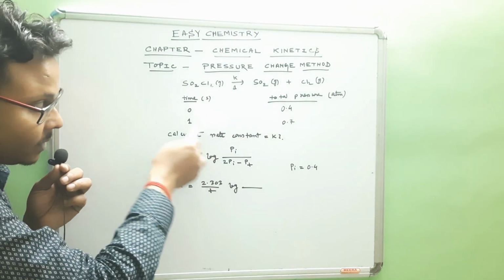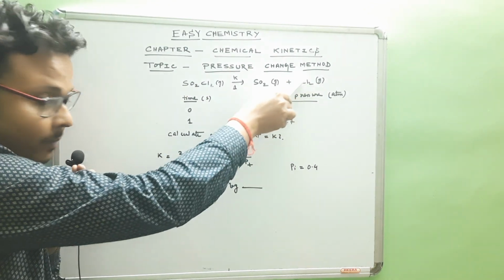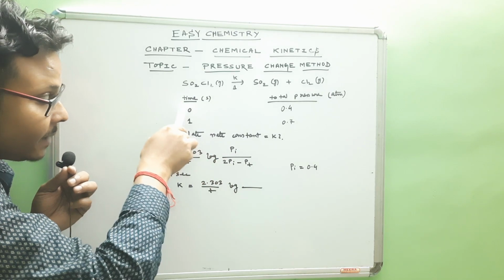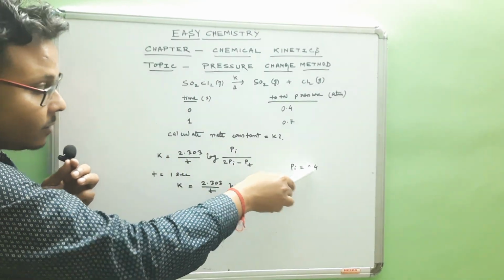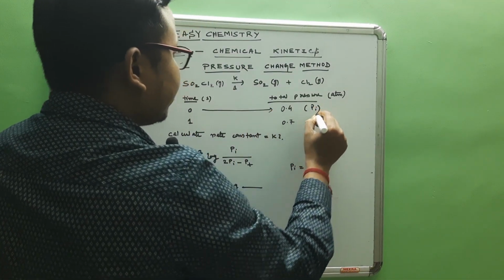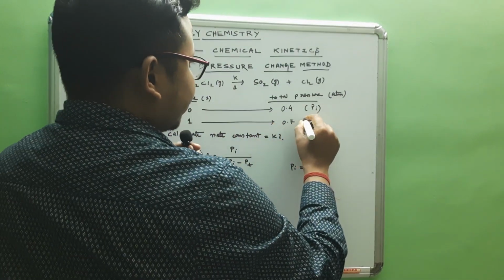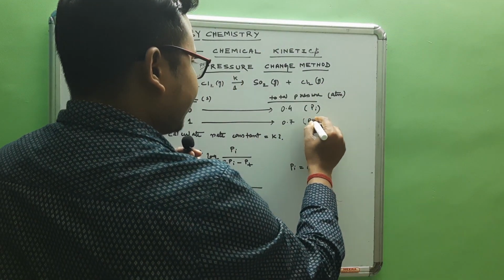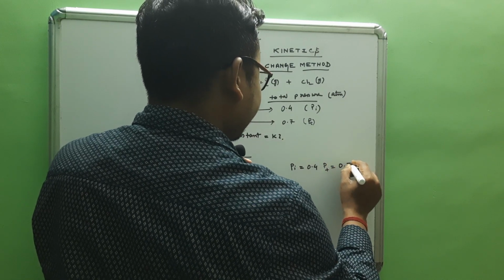Because at time t equals 0, no products are formed, so the total pressure is due to the reactant only. So Pi equals 0.4. At any time, here 1 second, the total pressure is for reactant and product also. This is Pt basically, and Pt will be 0.7.